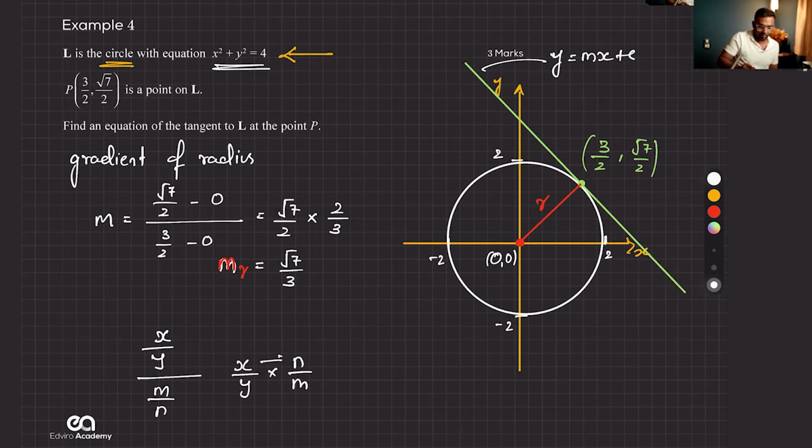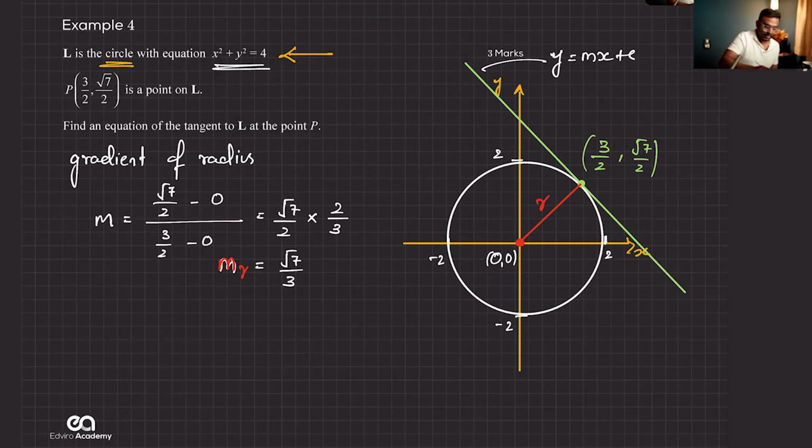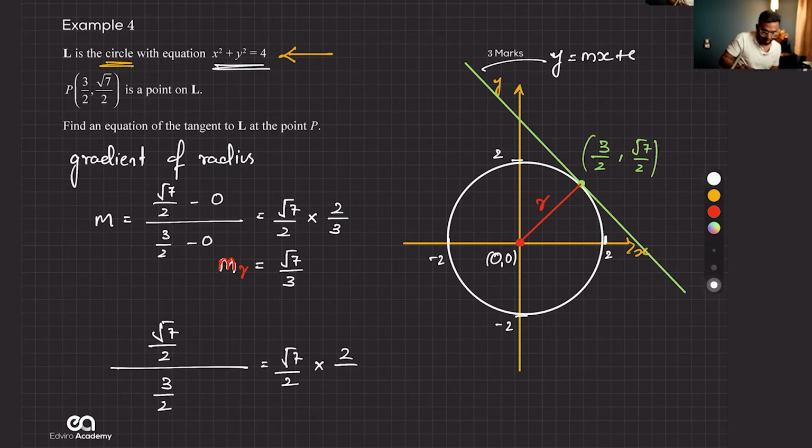Remember this? Then you multiply top to top, bottom to bottom. So in this specific case, you had root 7 over 2 divided by 3 over 2, which is root 7 over 2 times 2 over 3. Is that okay, Isa? Yeah. That's the explanation for that.